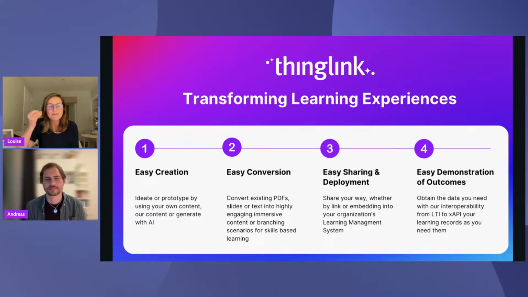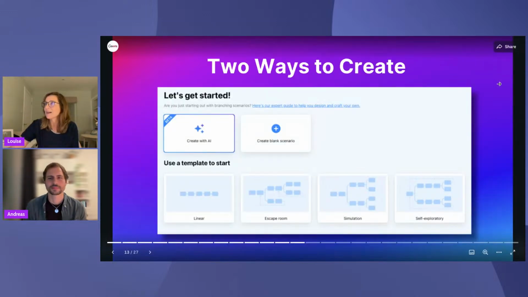So we're making it really easy for you to create with your own content, to convert your existing PDFs. Then it's really easy to share with the new landing pages that you heard Ulla mention. And we're also going to make it really easy for you to demonstrate those outcomes as well.